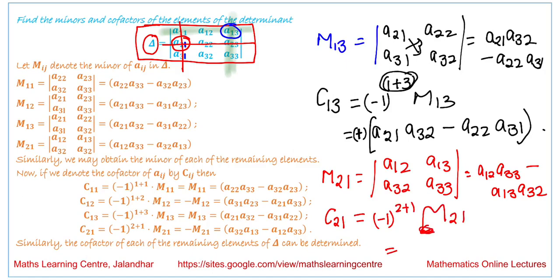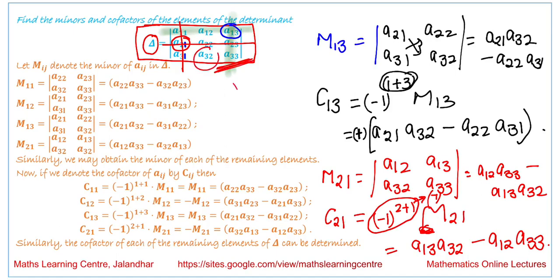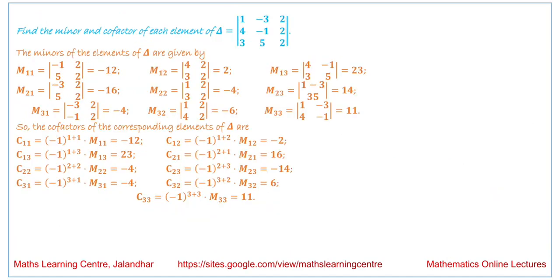So the answer we obtain, this is minus 1 raised to the power 3, that is minus 1. So the answer we get is A13 A32 minus A12 A33. So this is how we can calculate the cofactor and minors corresponding to any element of this matrix. This can be calculated for any matrix and any value. So this is how minors and cofactors are calculated.